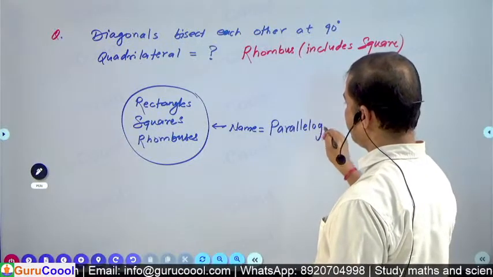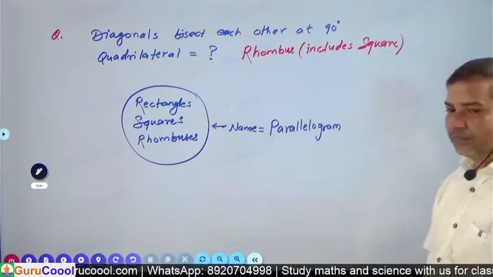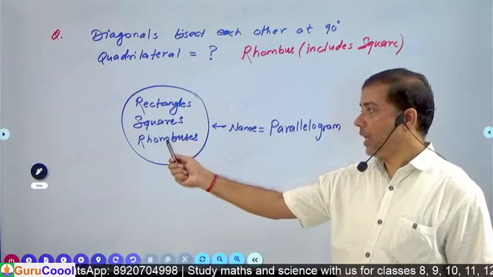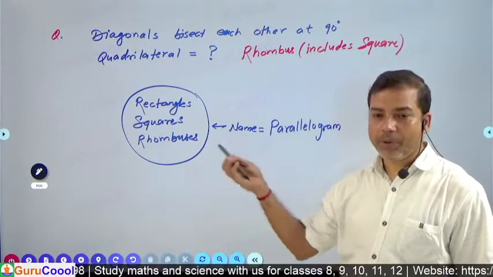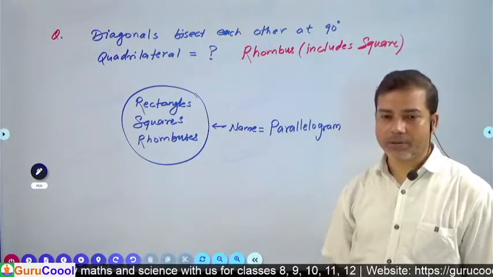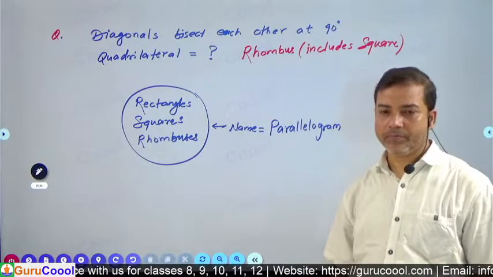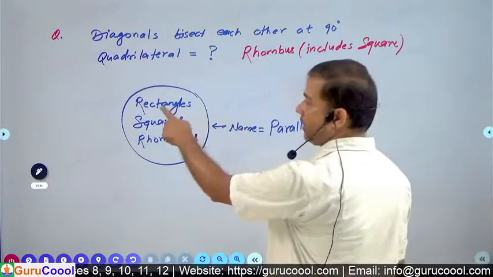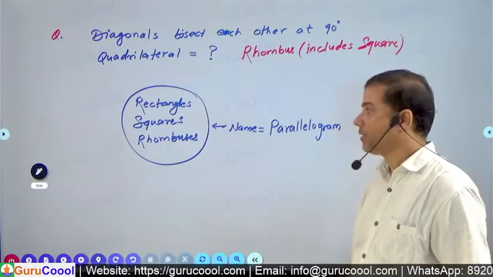You forgot, David? Rectangles, squares, rhombuses, these are all a type of parallelograms. So collectively we can call them parallelograms. A parallelogram can become rectangle if it follows some specific properties.